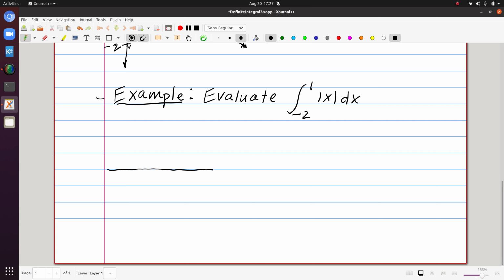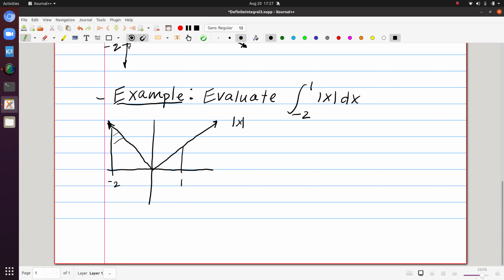The absolute value function for positive values of x is going to look like y equals x. And for negative values of x, it's going to look like y equals minus x. So this is the graph here. We're interested in looking at the area from -2 to +1. Notice in this example that both regions are going to be counted as positive because they lie above the x-axis.